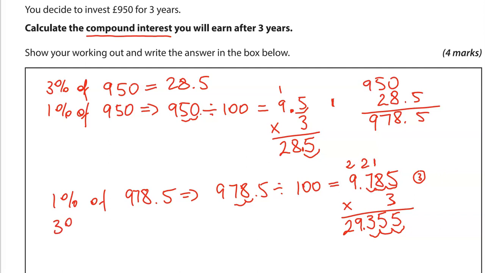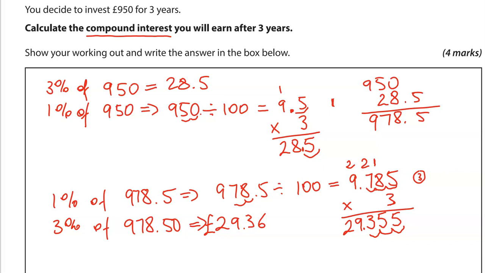So 3% of £978.50 is equal to 29.355. As this is money, we're going to round it to 2 decimal places, so we make it 36. So £29.36. This is the interest earned at the end of the second year.